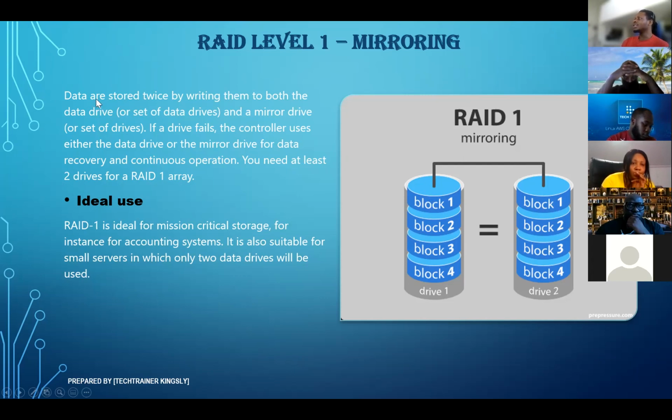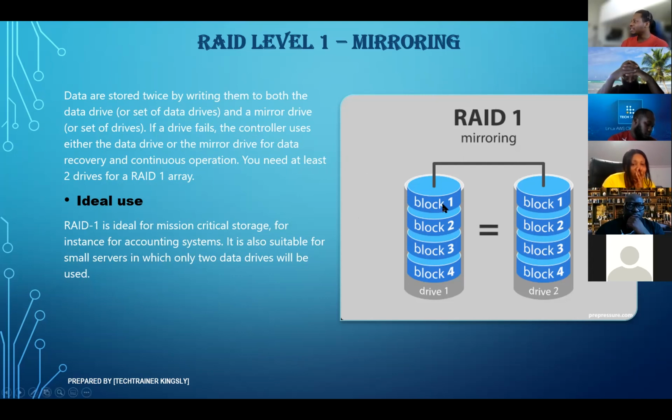So it says data being stored twice and written in both of the drives, on a set of data drives and a mirror drive or set of drives. If a drive fails, the controller uses either the data drive or the mirror drive. Exactly what I just explained.